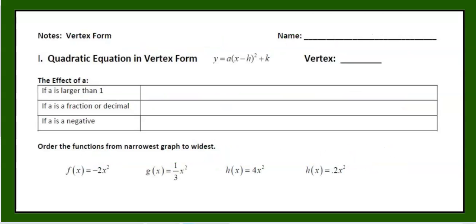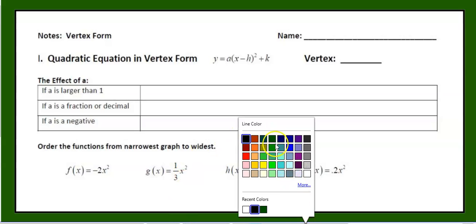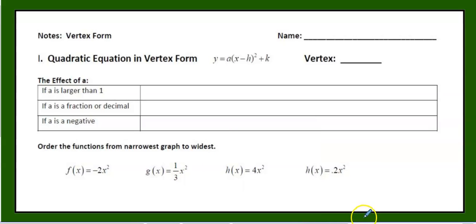You have your notes in front of you, and my notes will be exactly like yours. So you're just going to write what I write. Okay, so vertex form again is just another way to write a quadratic equation or a quadratic function. If you remember, what we've been doing is standard form.